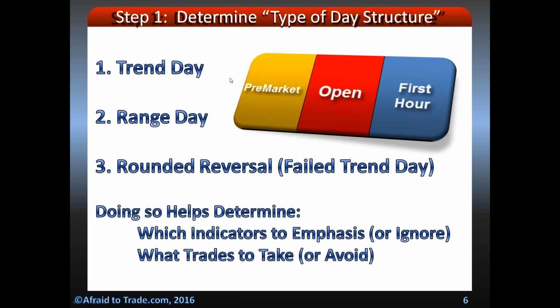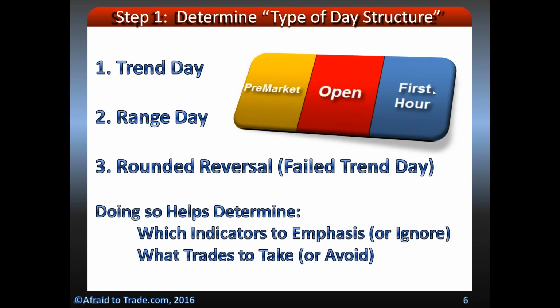I have a whole presentation on this, but to determine what the day structure is going to be, look at the pre-market action, which is before you wake up, so Asia and Europe, what's going on over there. Of course, the futures, what's happening the hour before the market opens in the Dow and the NASDAQ and the E-mini S&P. What happens at the open? Is there a gap or not?